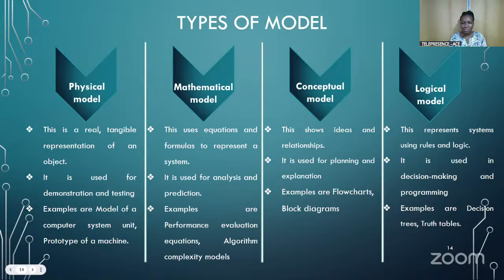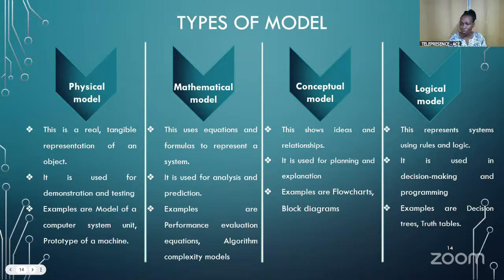Like now, as time goes on, when you start embarking on a project and start writing maybe a report, you will discover that there are times when you want to represent a particular idea or a particular relationship, you have to show some concept diagrams. One of them is the block diagram. You show them that, okay, this flows from this to this. This is based on this particular idea, this process. So you use a conceptual model.